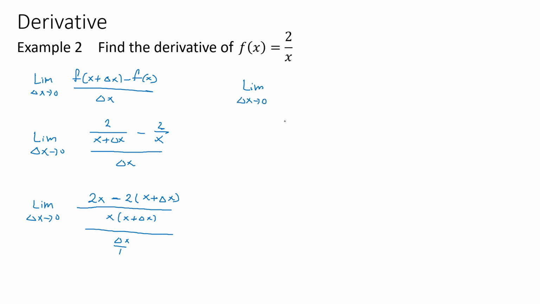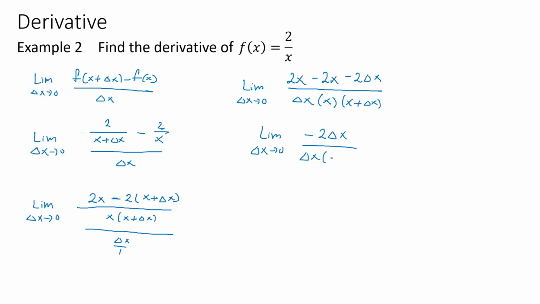So if you simplify this, you will have 2x minus 2x minus 2 delta x over delta x times x plus delta x. 2x will subtract each other out. So you should have negative 2 delta x over delta x times x plus delta x.